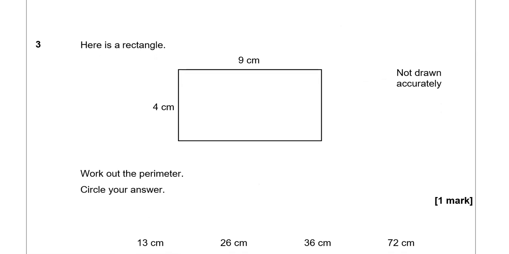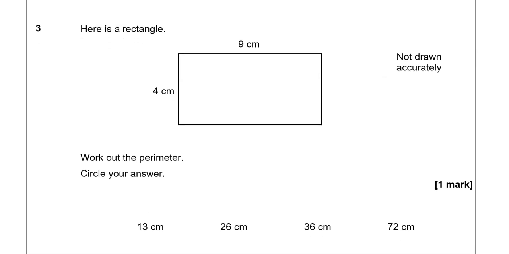Here is a rectangle. It measures 9 centimeters by 4 centimeters. Work out the perimeter. Circle your answer. So perimeter is the rim, the outside. So this is 9 centimeters, so this is 9 centimeters. This is 4 and this is 4 centimeters.